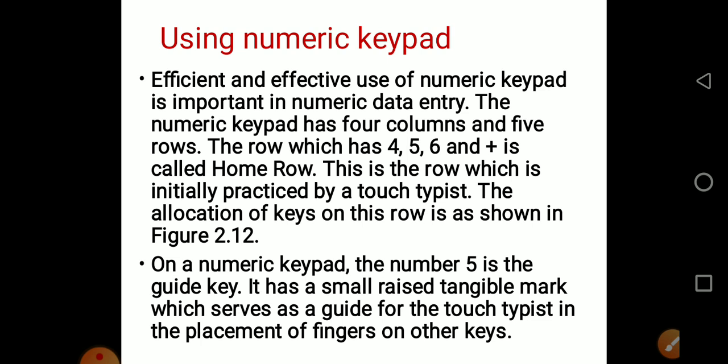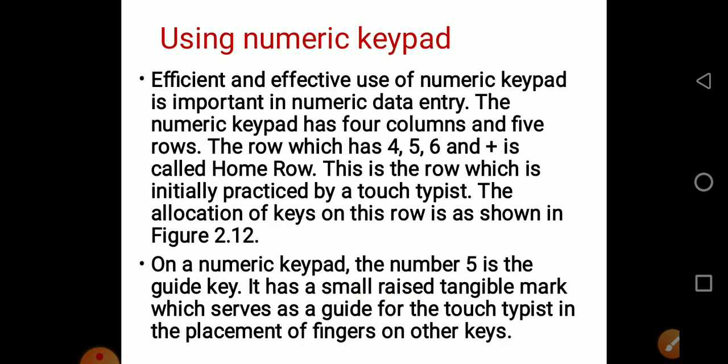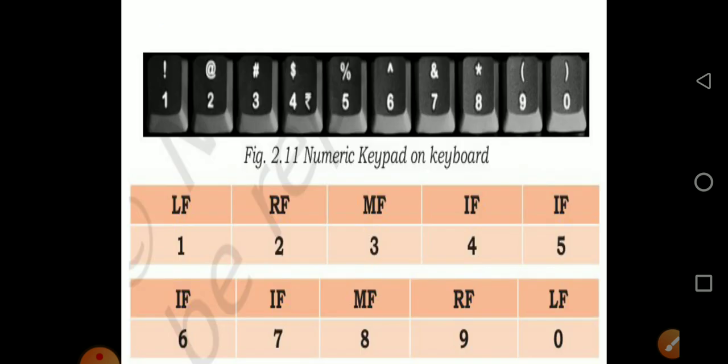The row which has 4, 5, 6 and plus is called the home row. This is the row which is initially practiced by a touch typist. The allocation of keys on this row is as shown in figure 2.12. How to use fingering for 1, 2, 3 numbers.